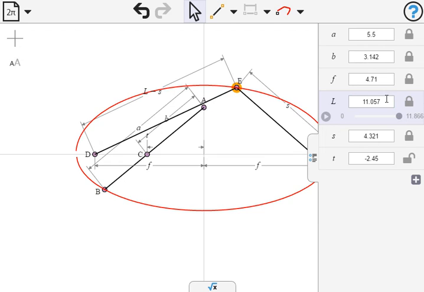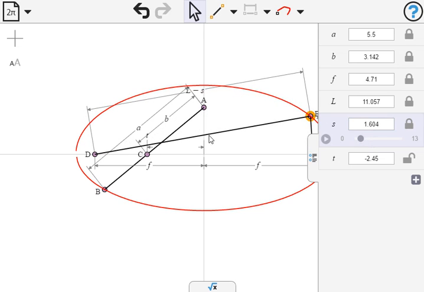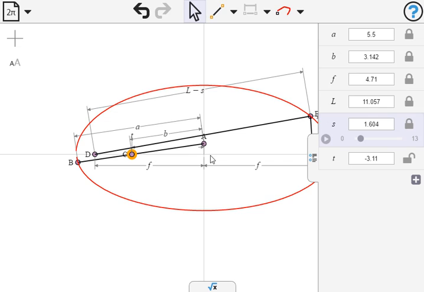I could make a conjecture that L is twice A. We can look at the string model to convince ourselves that in fact that makes a lot of sense, that the distance from the center to the edge of the curve is in fact A, the length of the trammel arm, and that when it's out at the edge, the string traverses twice the length.